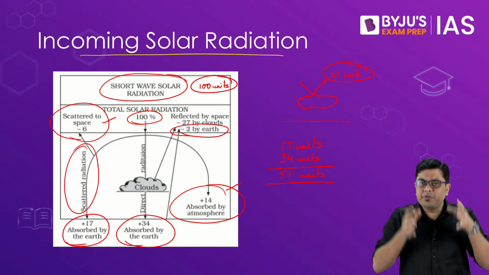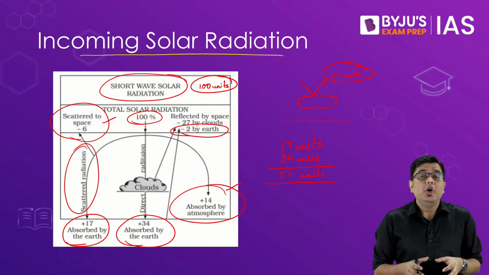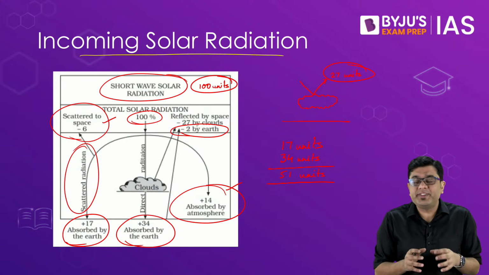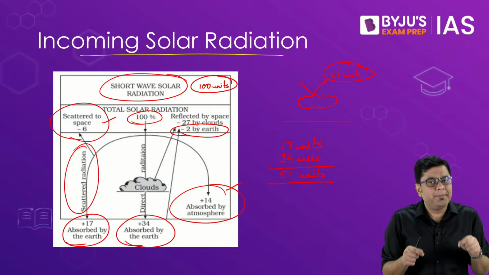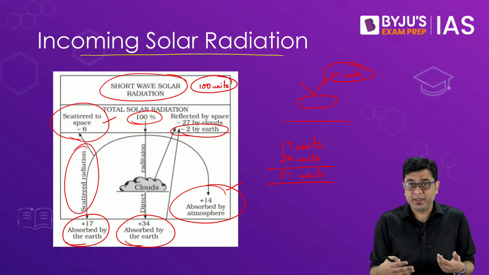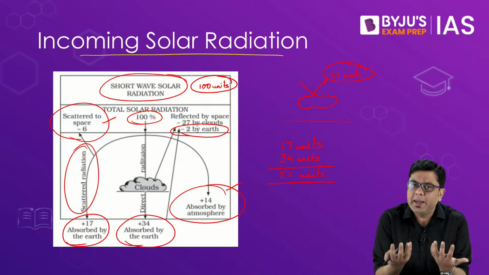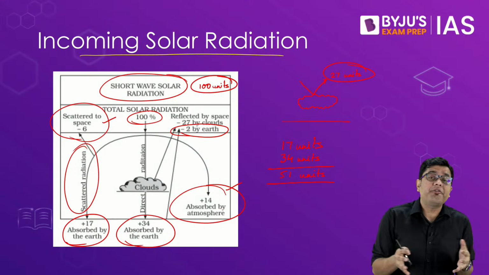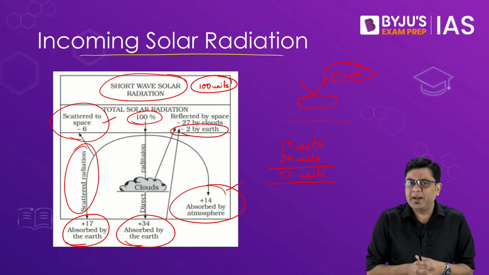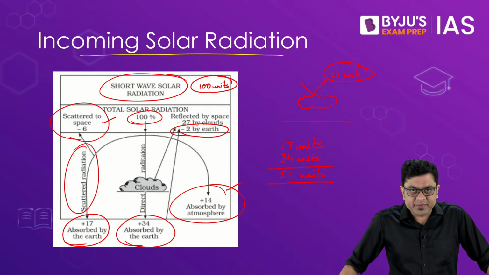So out of the 100 units which fell upon the top of the atmosphere, only around 51 units are utilized in heating up the surface. We are not considering the heating of the atmosphere here, because the atmosphere has its own independent heat budget. The surface has its own independent heat budget. Here we are considering the budget of the surface.